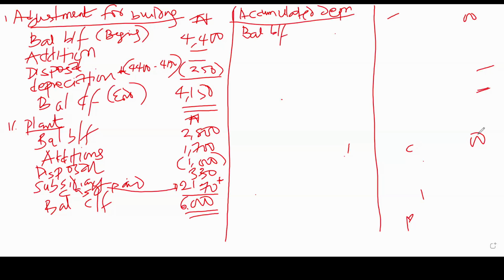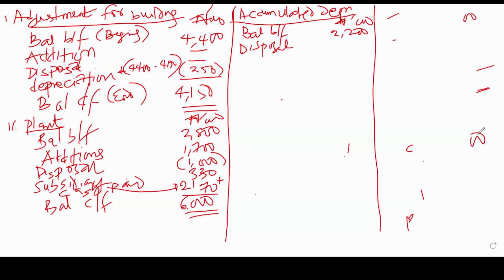According to the question, balance brought forward was 2.2 million. Disposal. We made a disposal. I have already calculated that disposal. The accumulated depreciation of that disposal, I said, is 200.